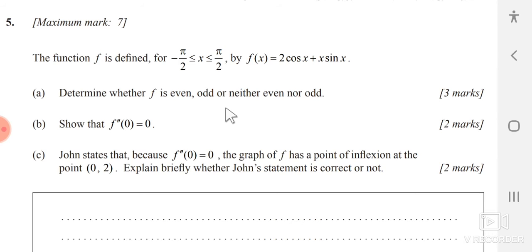I already explained in my previous video, in my previous question of the IB paper, that if you replace x by minus x and it doesn't change the outcome, then that is an even function. But if changing x to minus x gives you a negative outcome, numerically the same magnitude but with the opposite sign, then that would be an odd function.